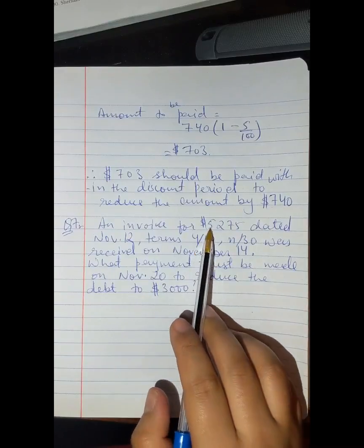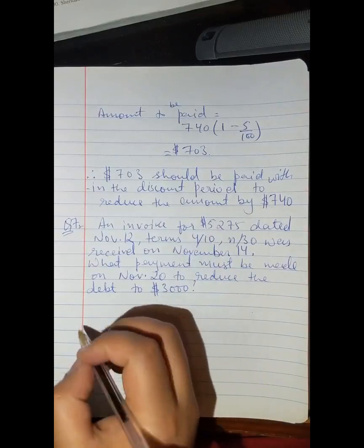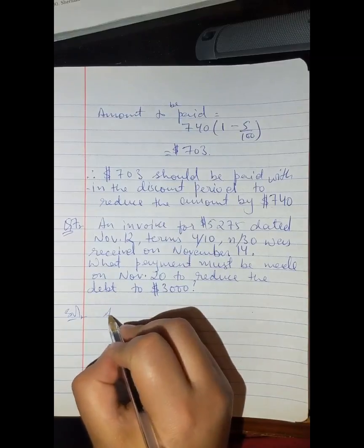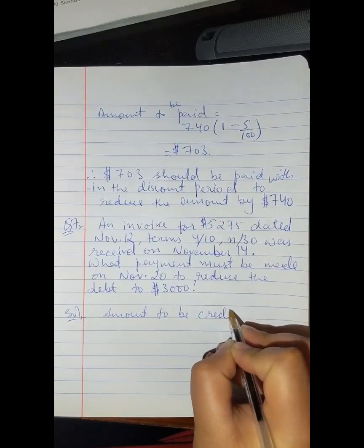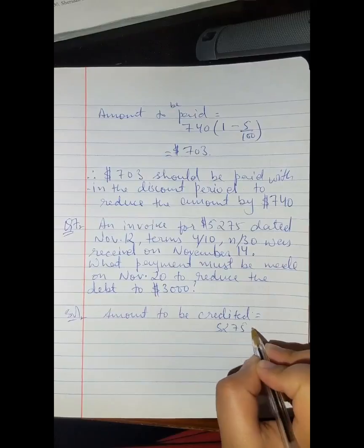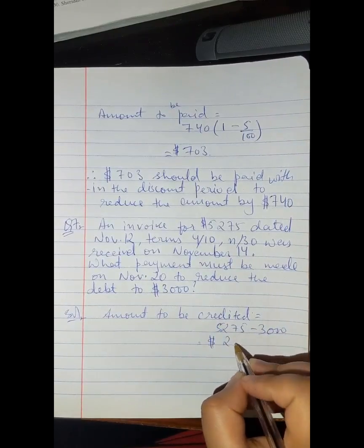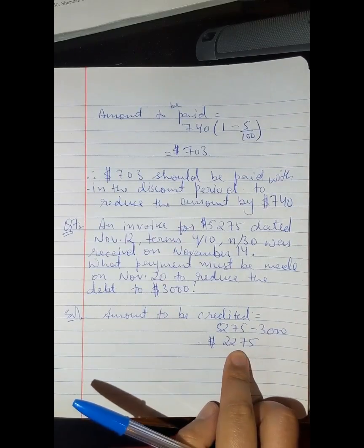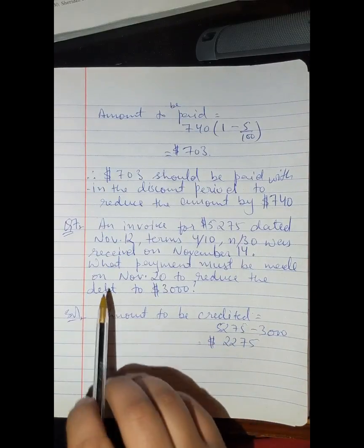Here I want to reduce this amount to $3,000. That means I have to pay the difference. So the amount to be credited is the difference, 5275 minus 3000, which is 2275.